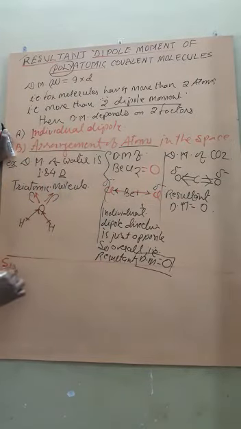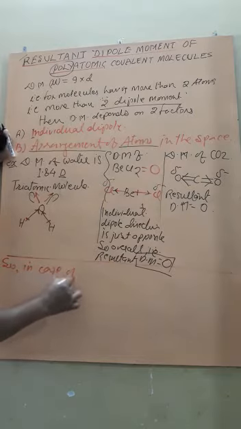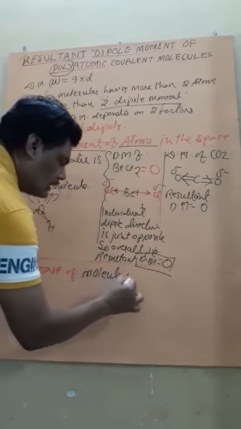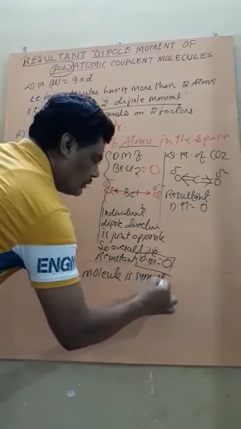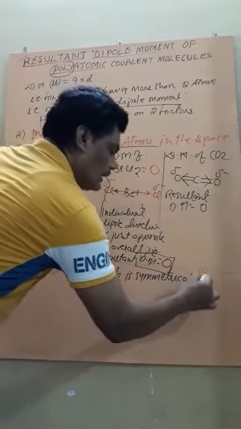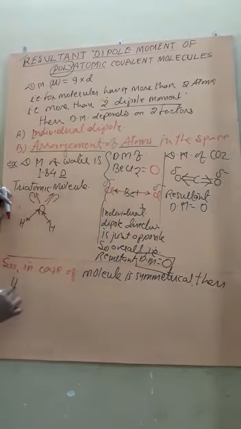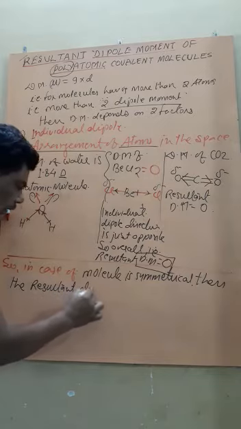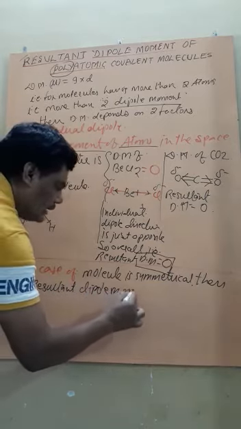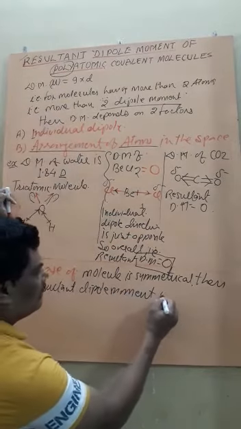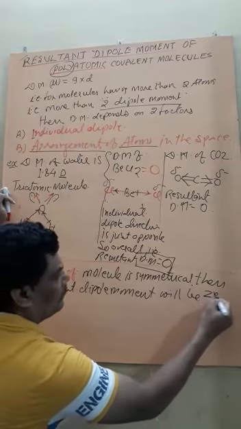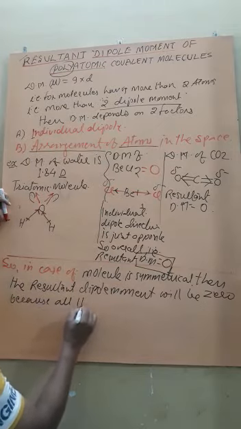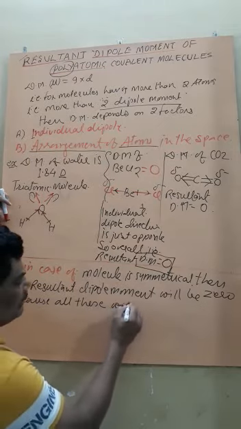So in case the molecule is symmetrical, then the resultant dipole moment will be 0 because all these will cancel out.